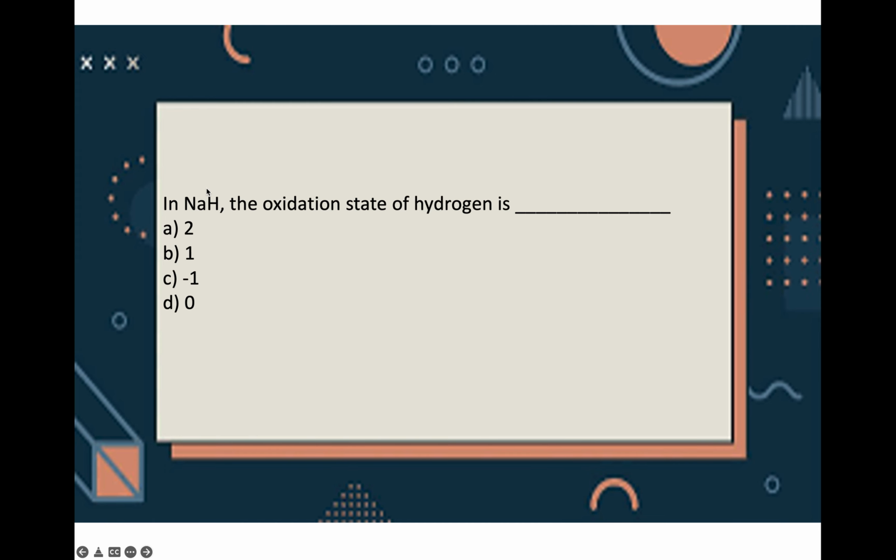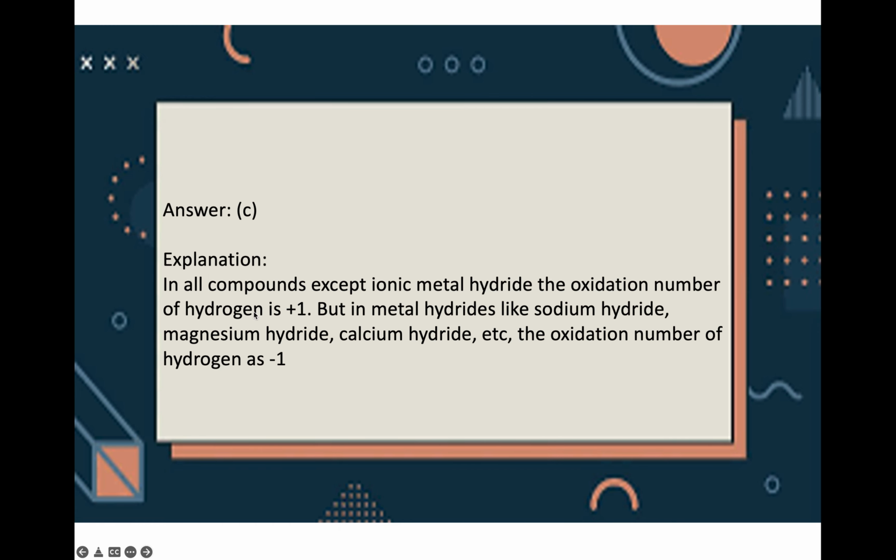If sodium is +1, hydrogen should be -1. Only then +1 -1, the total will be 0. So hydrogen's oxidation state will be -1 here. And in all compounds except ionic metallic hydrides, the oxidation number of hydrogen is +1, remember that. But in sodium hydride, magnesium hydride, calcium hydride, etc., the oxidation number of hydrogen is always -1.